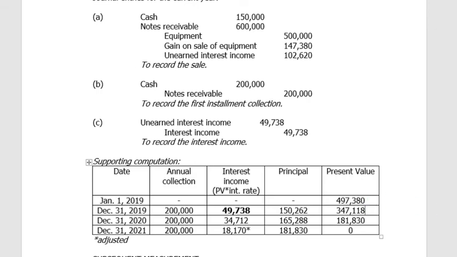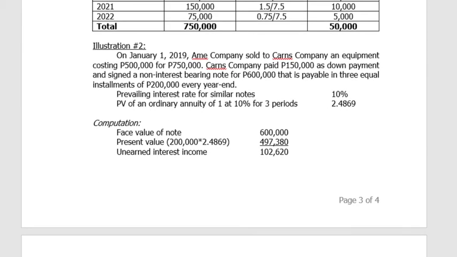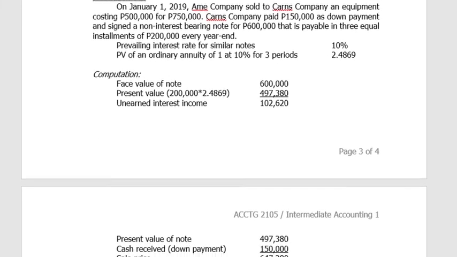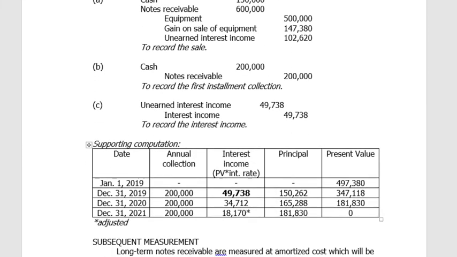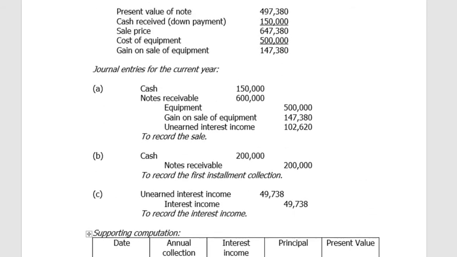So, kailan daw ba magbabayad? Every end of the year ba? Sabi? Yes, every end of the year. Installments of 200,000 every year end. So, kaya ito yun. 200, 200, 200. 600,000. Ngayon, itong present value mo na 497,380, meron tong interest na 10% daw based on the given data.